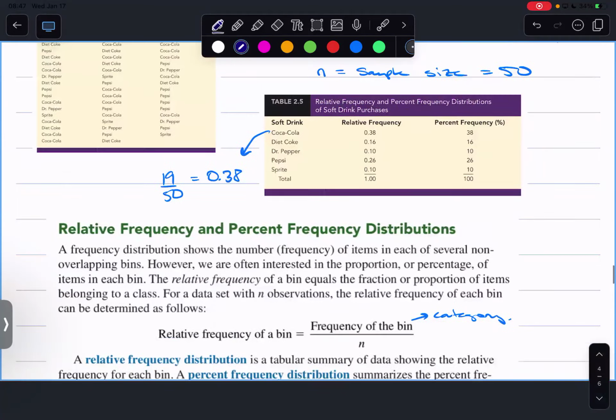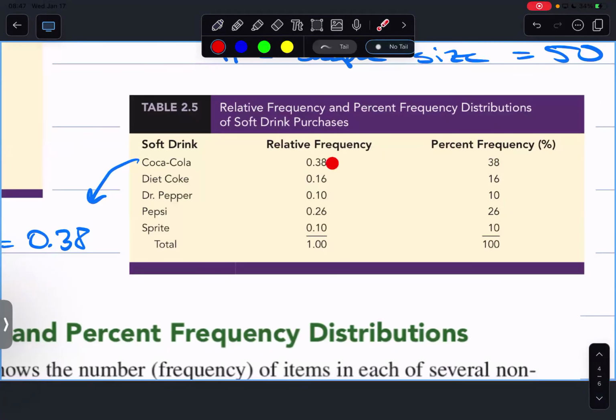The only difference between the relative frequency and the percent frequency is that the relative frequency is going to add to 1, because these are proportions, whereas the percent frequencies are obviously going to add to 100.